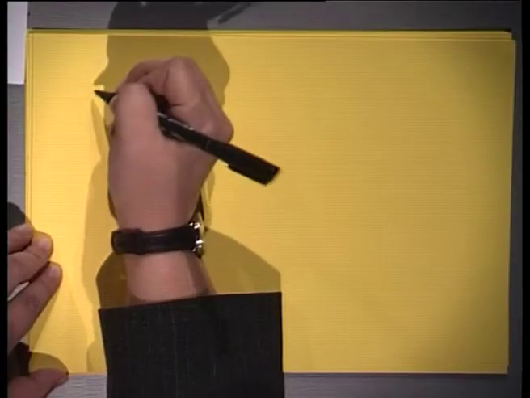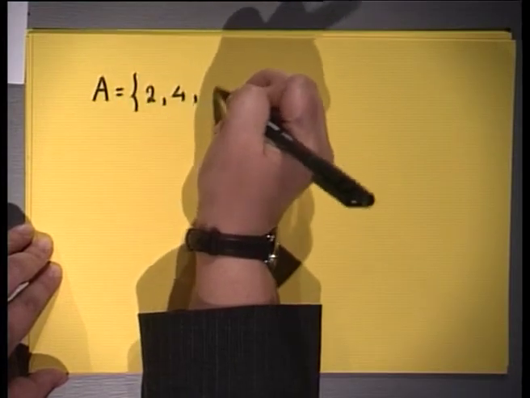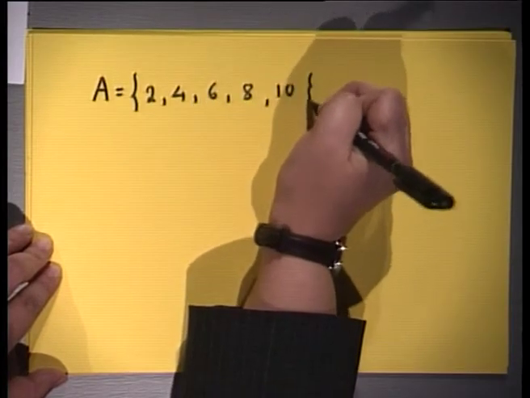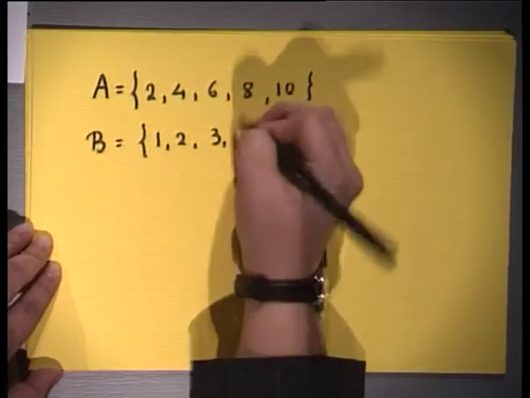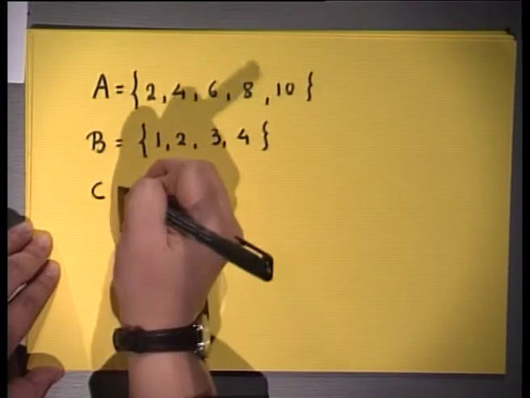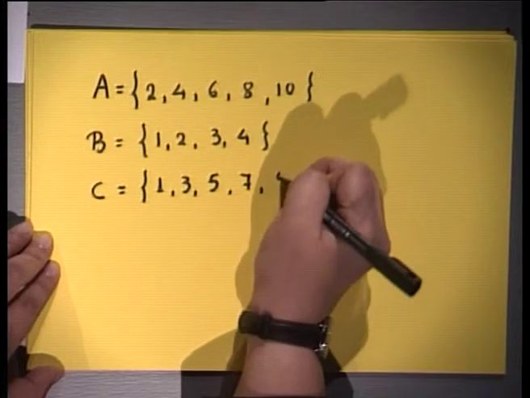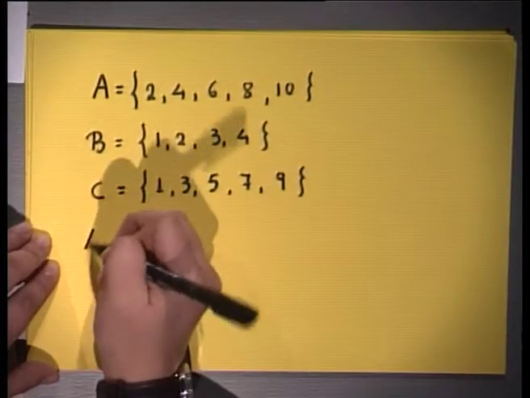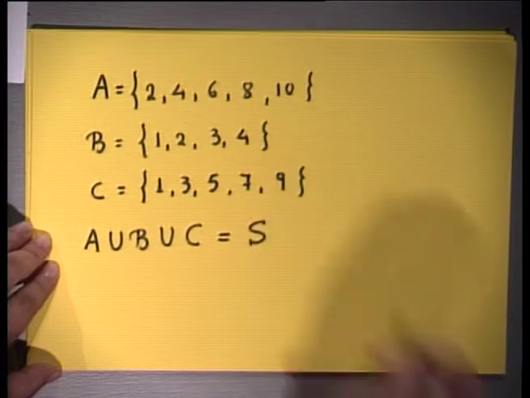So in the example we have seen, collectively exhaustive events would be A, B, and C. I write down again A, B, and C. And so we see that A union B union C is our sample space.